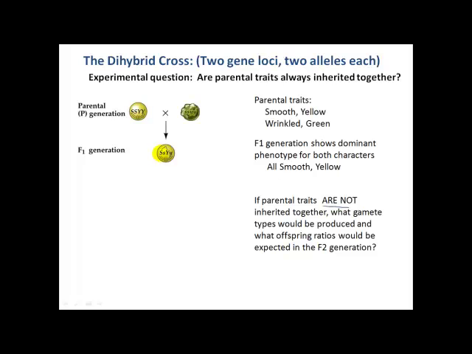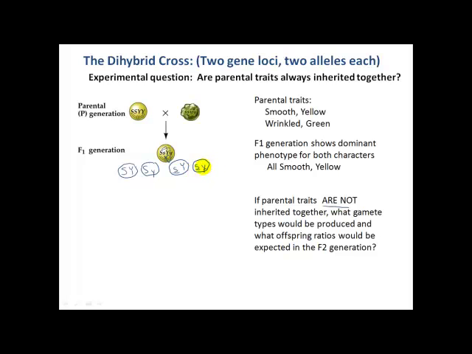And this dominant S allele could segregate with the dominant Y allele, or it could segregate with the recessive Y allele. And so we're going to end up with gametes that look like this: dominant allele, dominant allele, dominant allele, recessive allele. And likewise, for the recessive allele from the S gene, it could segregate with the dominant Y allele, or it could segregate with the recessive Y allele. And so we're going to end up with those two gamete types.